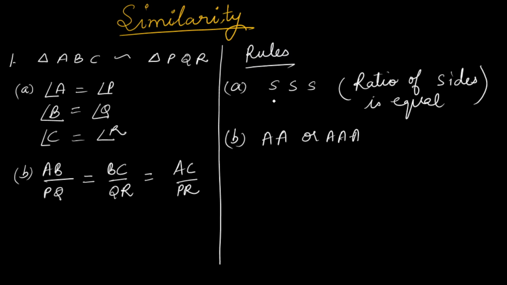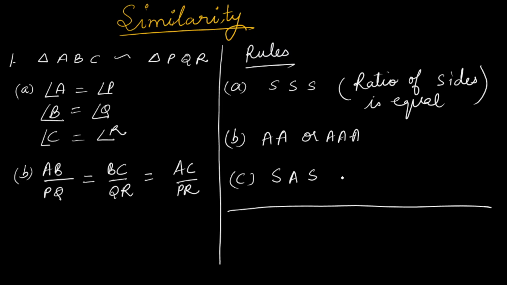So the first rule is side, side, side, where we consider ratios. The second rule is angle, angle, or angle, angle, angle. If two angles are equal, that is still fine. The third rule is side, angle, side: the ratio of two sides and the included angle. I will explain these in detail while solving questions, where we have to use these rules.